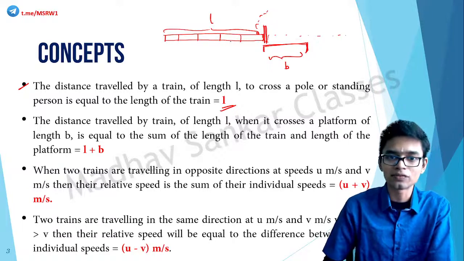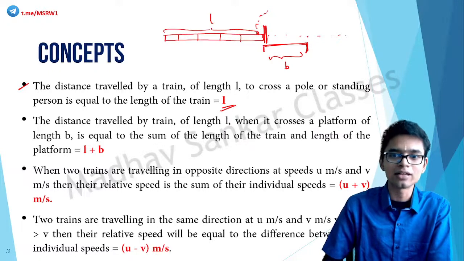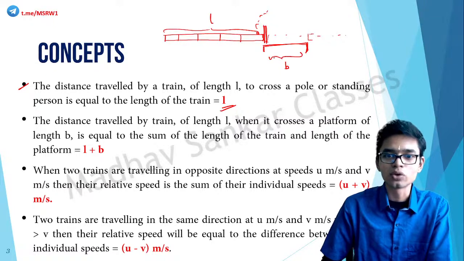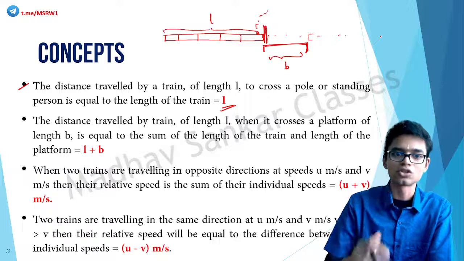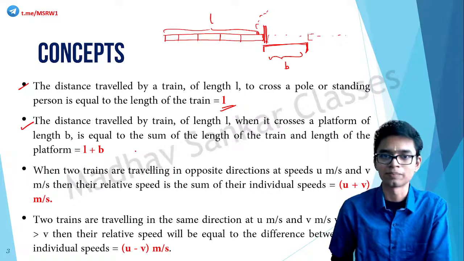It is the length of the train plus the length of the platform, from this point onwards till the tail end of the train is here. So it has to be B plus the entire length of the train. Together, the total distance is L plus B.